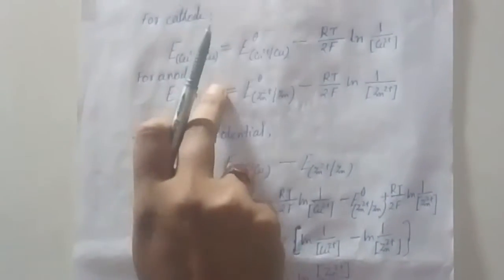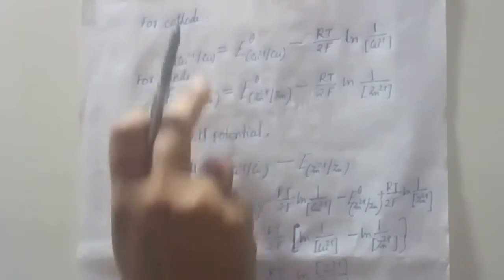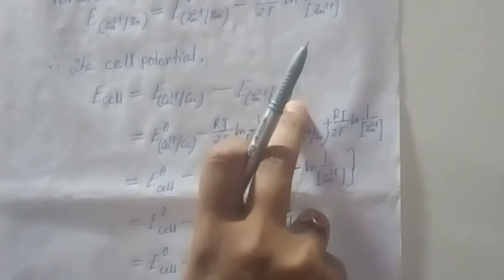So for the Daniell cell, this is the electrode potential for the cathode and this is the electrode potential for the anode at any concentration. Thereby the cell potential, E cell, will be equal to the electrode potential for the cathode minus the electrode potential for the anode.